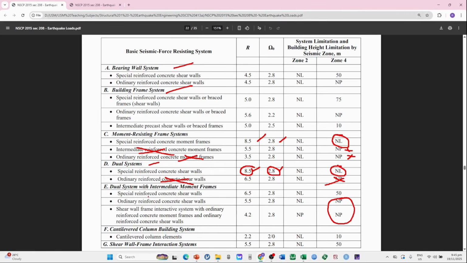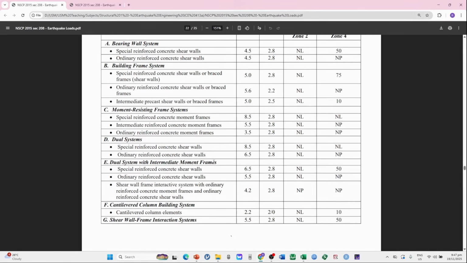The special here is the shear wall, but the moment frames, the secondary, remember, dual systems has a secondary, and the secondary one is the moment frames. It is permitted up to 50 meters only. So let's remember that. Then we have this cantilevered column building system.